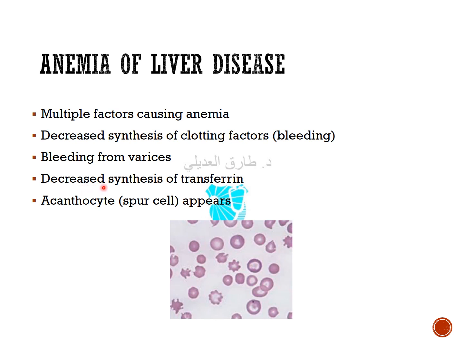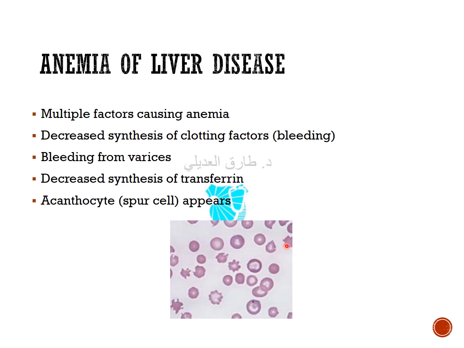There is also decreased synthesis of transferrin, as we mentioned earlier, and patients will develop anemia. What about the special morphology? Sometimes patients have acanthocytes. Acantho, again, has projections, but they tend to be longer and larger than in the echinocyte.